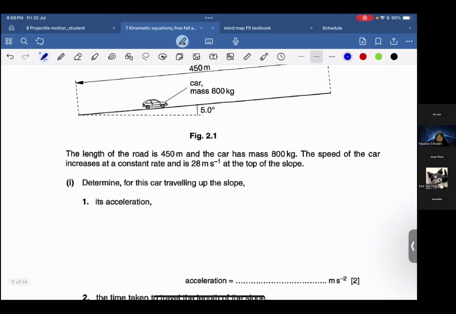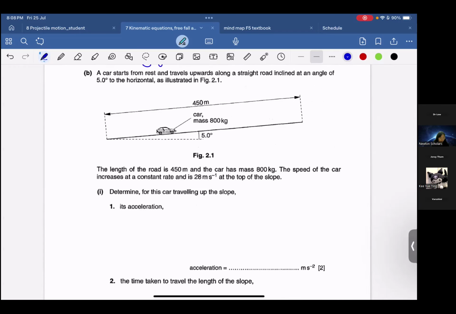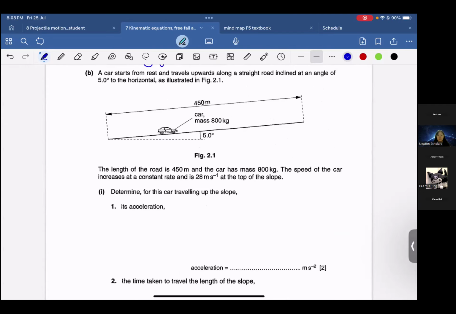Okay, boys and girls, try B. And then type out your answer and let me know.